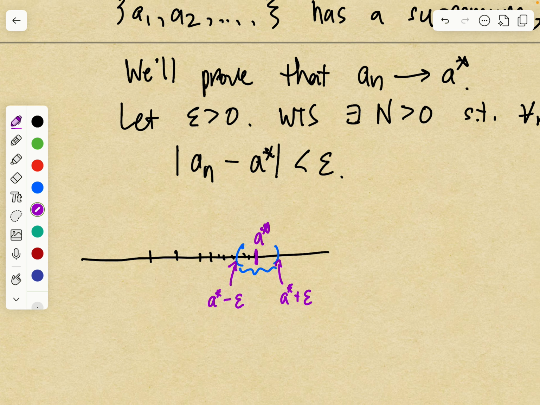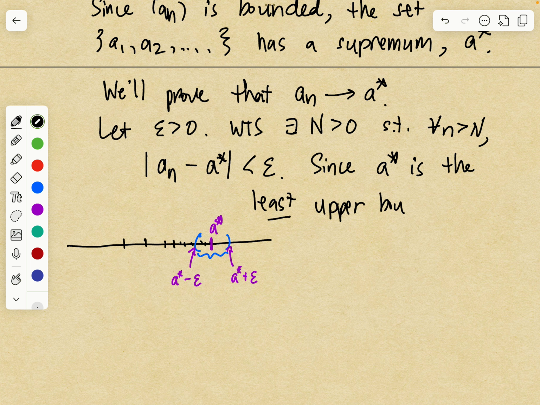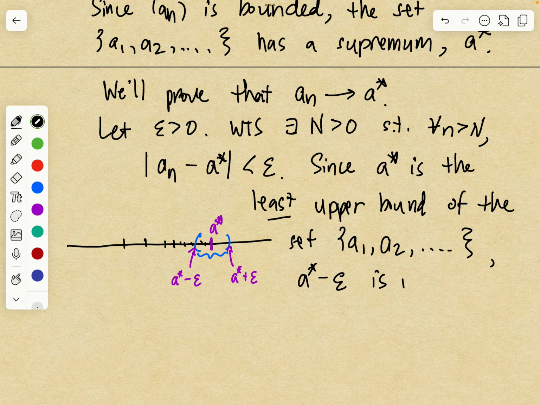Well, we know that A star is the least upper bound of the set a_1, a_2, etc., then we know that A star minus epsilon is not an upper bound of the set.